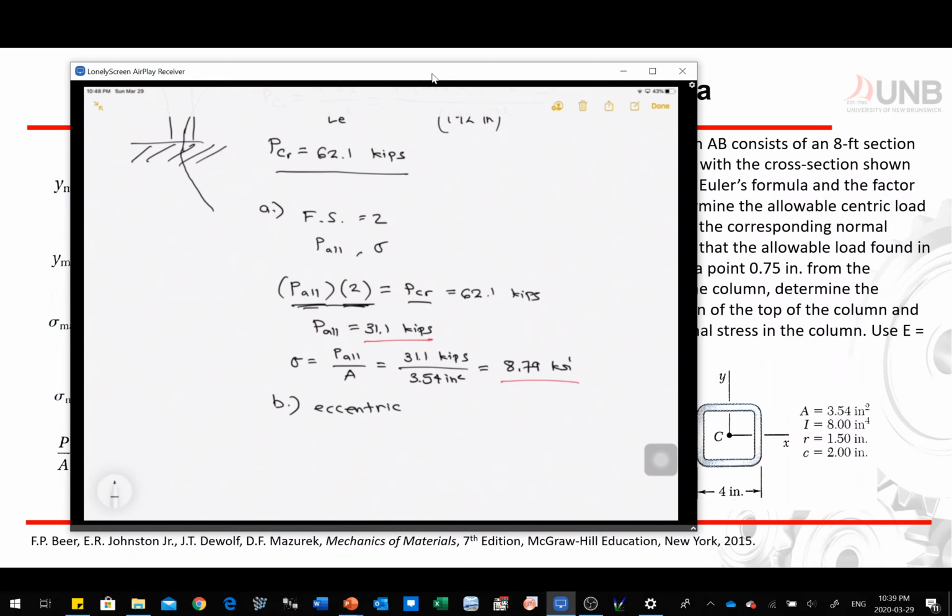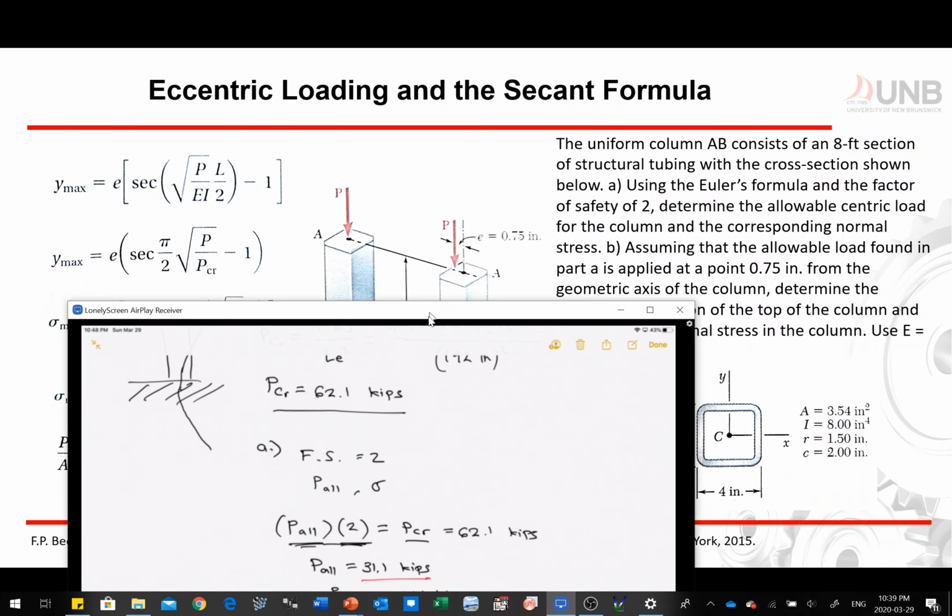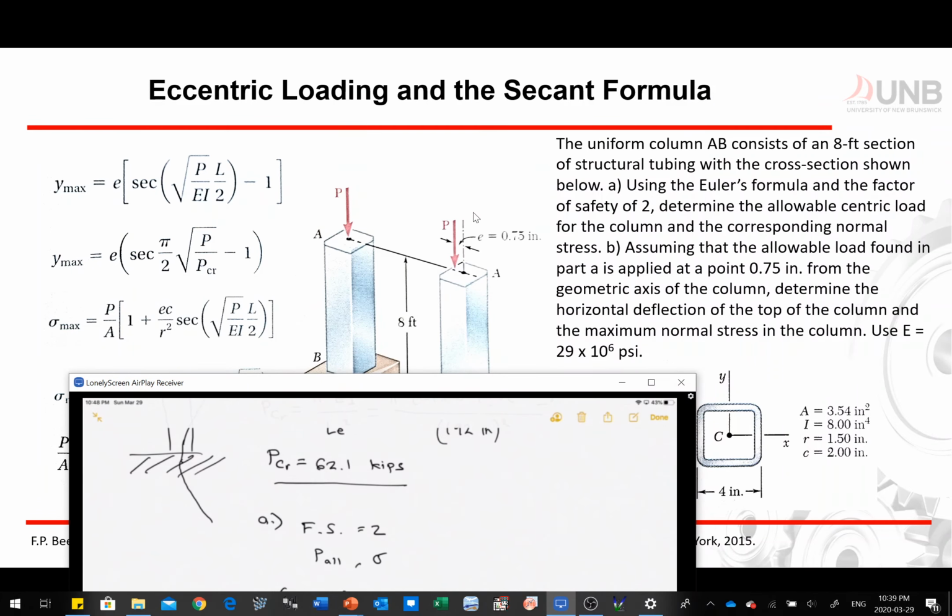So now we know that our P allowable is equal to 31.1 kips. Now, we're going to use this one because just imagine that if we have an eccentric load, we're going to move this load right here to the centric one. So eventually you will have an eccentric type of loading.